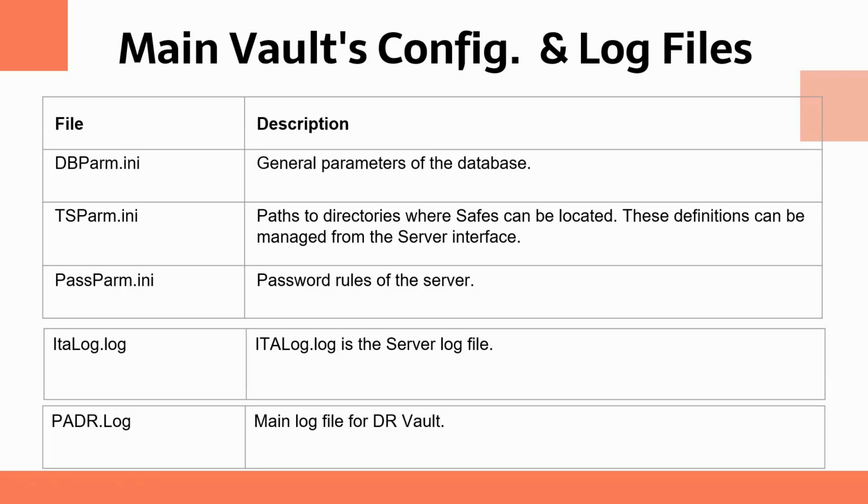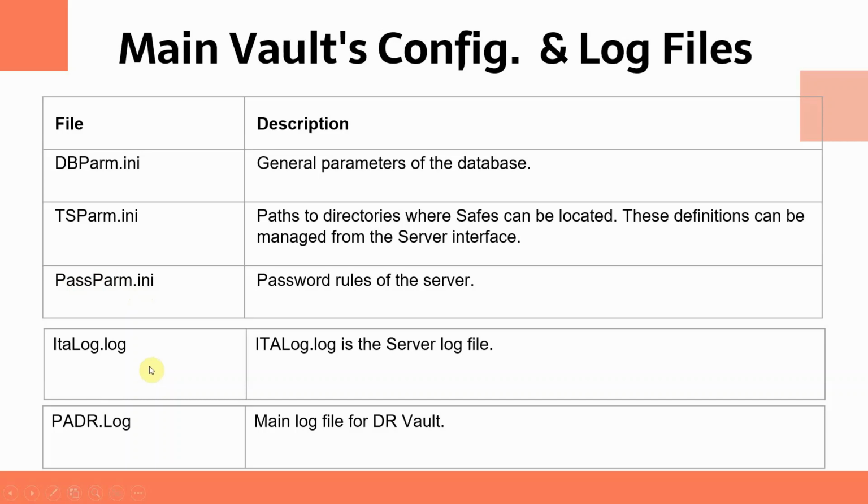So if you want to change the password of those accounts, you need to follow the password complexity, which you can find in this file. In this passpalm.ini file, you can find all the password complexity settings, and if you want, you can modify them as per your requirement.